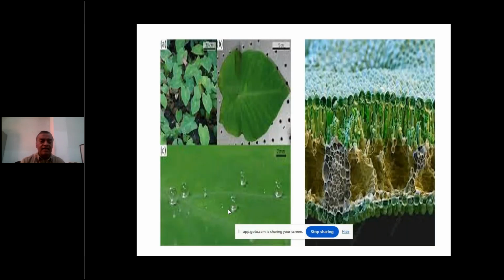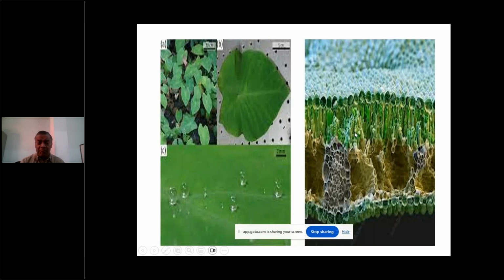Here you are seeing lotus leaves, and no water is sticking to the leaf, and in droplets, when it is flipped one side down, all the droplets of water will go away from the surface without letting it wet. The same structure.